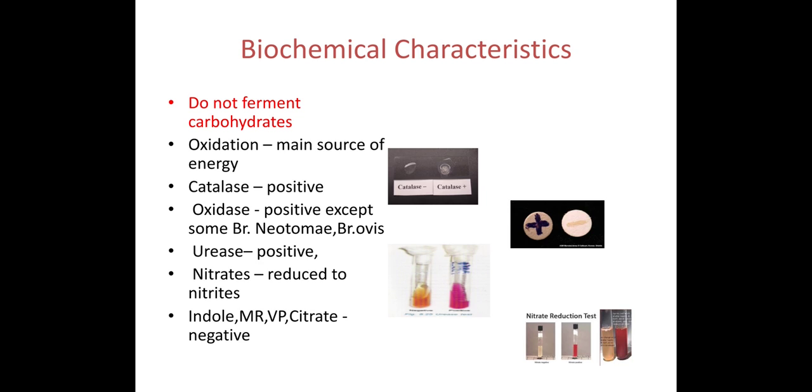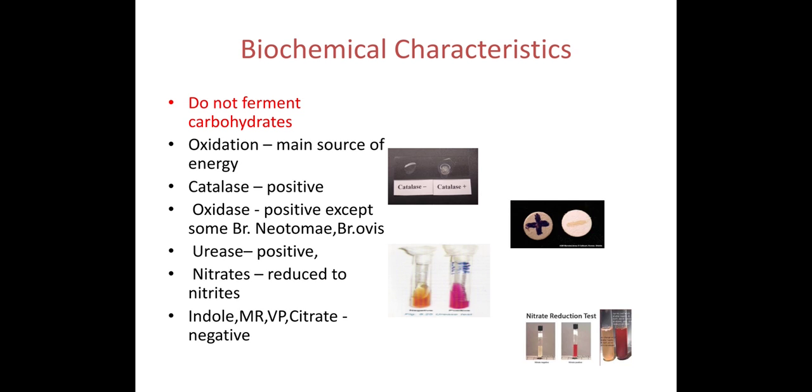Coming to the biochemical characteristics, Brucellae, since they are strict aerobes, cannot ferment carbohydrates. Why is that? Because the enzymes required for fermentation of carbohydrates, called carboxylases, are activated only in an anaerobic environment.